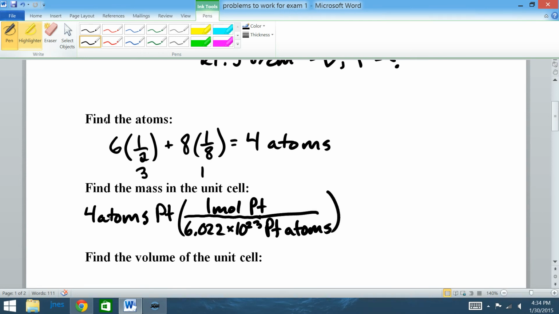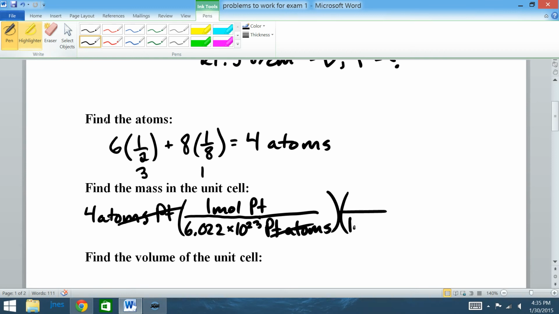So, platinum atoms are going to cancel out, and right now we're sitting at moles, but we can take this a step further to find mass by using the atomic mass off the periodic table for platinum, and that is 195.1 grams for every 1 mole.